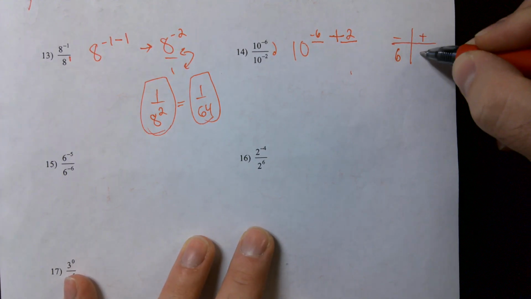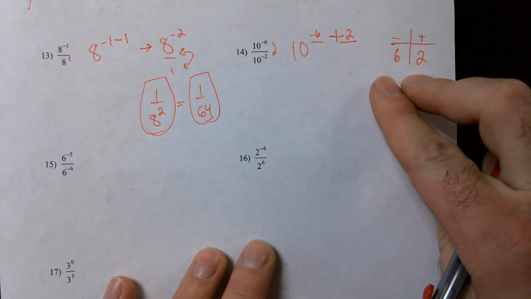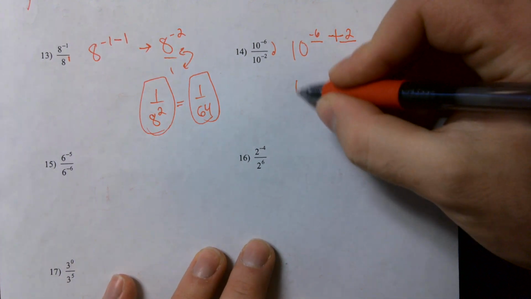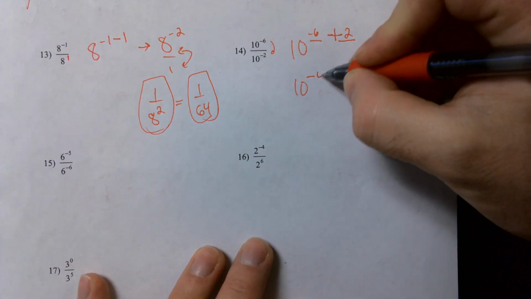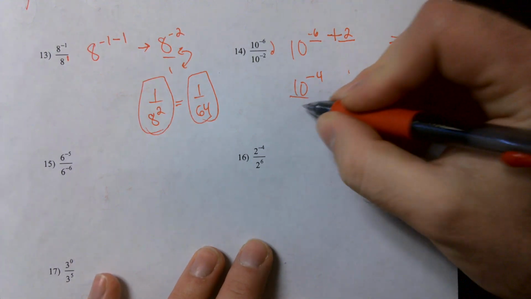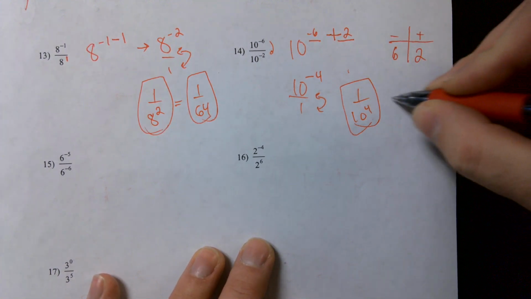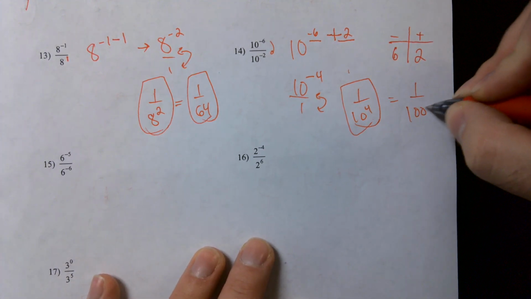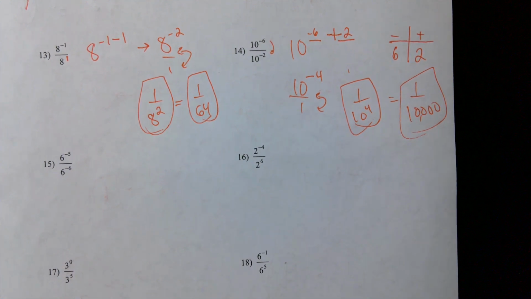Negative 6, positive 2. Which one's bigger, the negative or the plus? The negative's bigger. How much bigger is 6 than 2? 4. So I get 10 to the negative 4th. Put it over 1, flip it around, make it positive. Add 4 zeros to that 1. 1 over 10,000 is what we get.